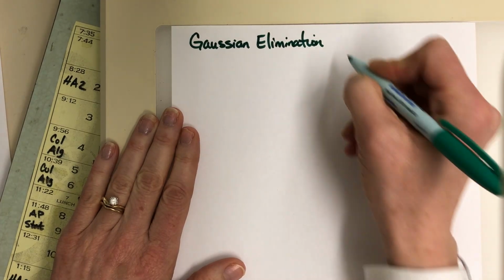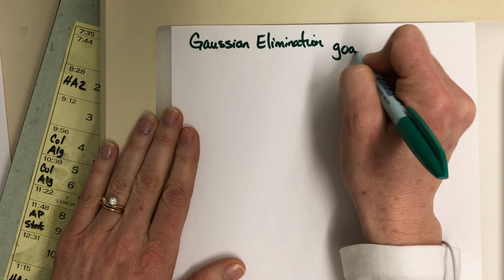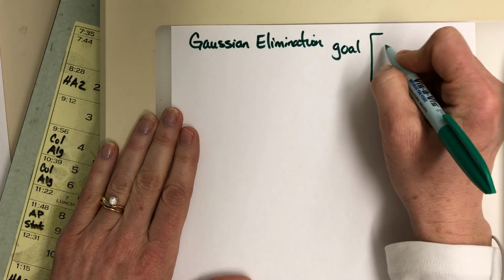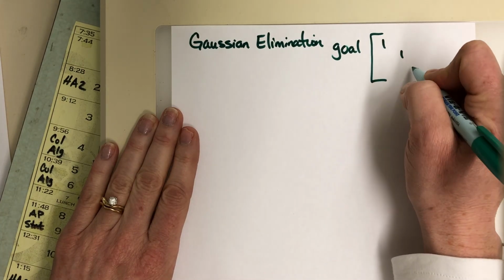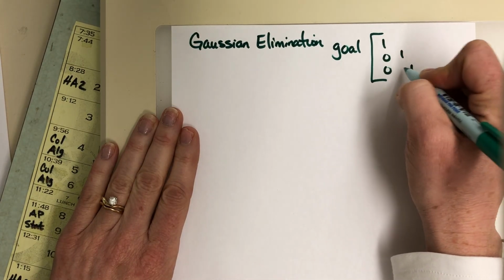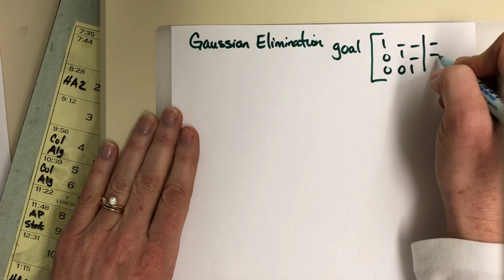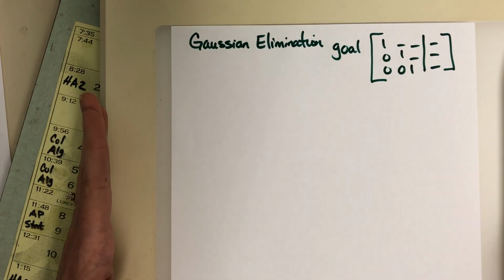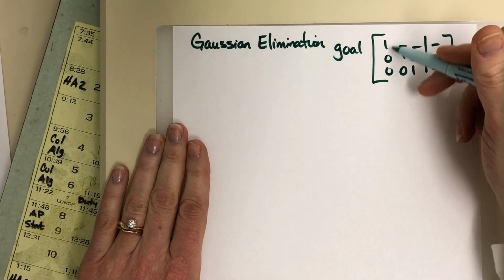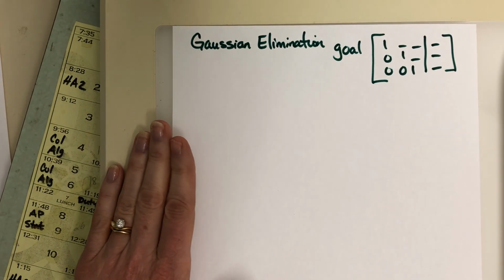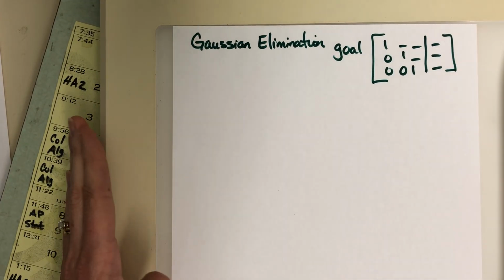When you have Gaussian elimination, your goal is to make your square matrix a series of 1s on the diagonal and 0s below it. It doesn't matter what the other numbers are. I'm just using here an augmented matrix which has 3 variables, x, y, and z. So this is my goal.